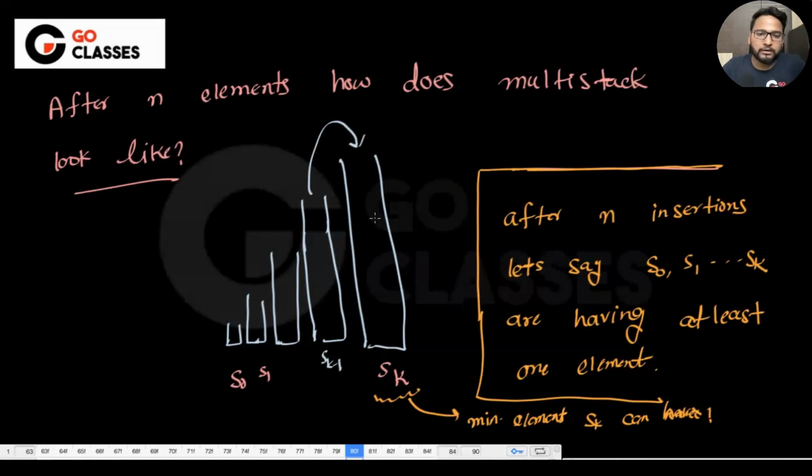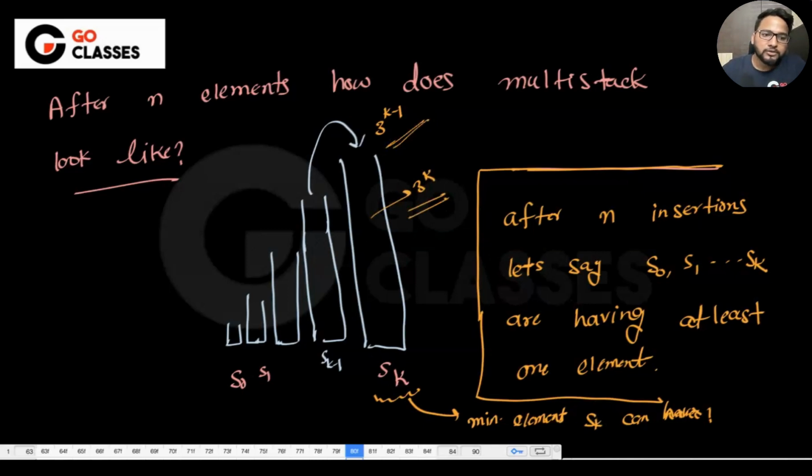It cannot be one. It means the whole of it will go in here. It cannot have just one or two elements. That's the point I was trying to make. It can only have 3 power k minus 1. Minimum elements this Sk can have. Is this okay to everyone? Maximum obviously 3 power k, minimum 3 power k minus 1.